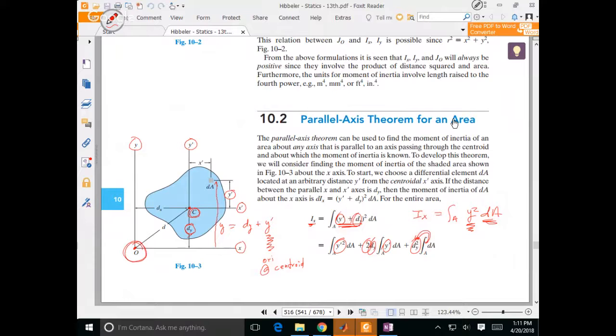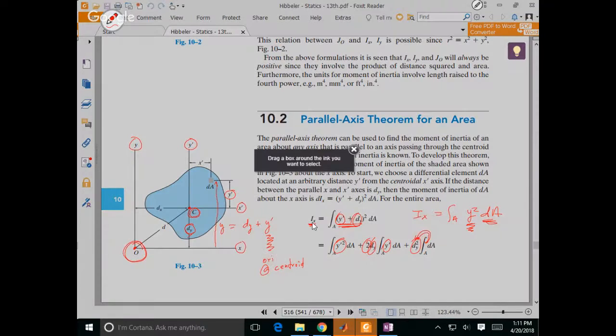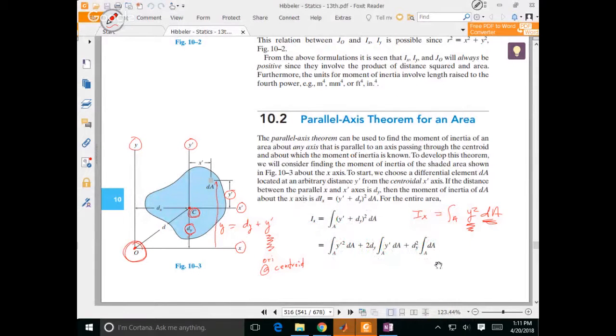And so if you look at this mess, what you'll see is this term, but then if you pay attention to this term real close, what you'll find is this is like asking what is the x and y coordinate of the centroid, because this equation looks just like y bar is equal to integral of y d area over that.